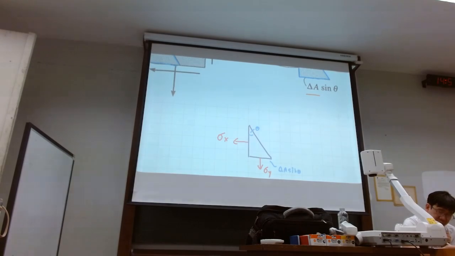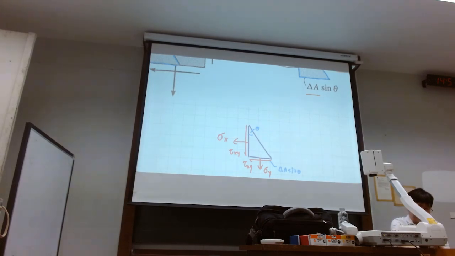This is the theta. You're still going to have the tau xy. But the area over here would be delta A cosine theta.